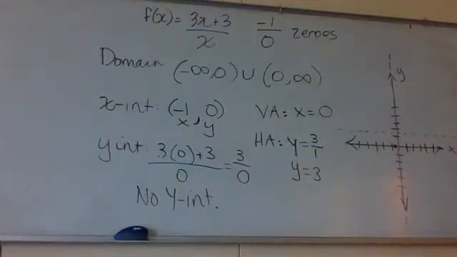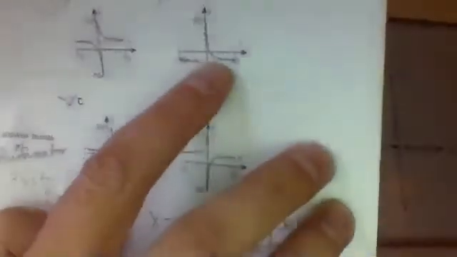Look at B. Look where B's horizontal asymptote is. It's down here at -3. So that's why it's not B. So that was a good thing to know. Look at this one. Horizontal asymptote at +3. So that's good. Vertical asymptote at 0. But look where it crosses the x-axis. It crosses over at +1.